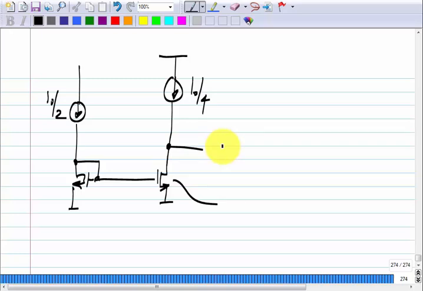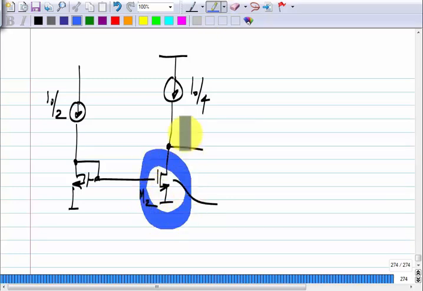What will happen? M2 will go into triode. Okay. So, first thing to remember is that in saturation this will supply a current of I naught by 2. It can always supply a lesser current, it can never be more.